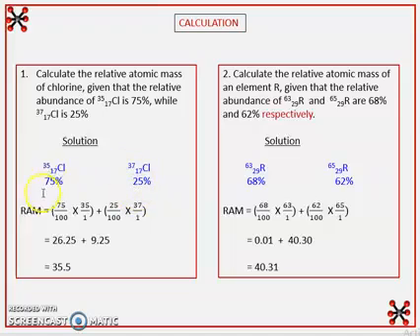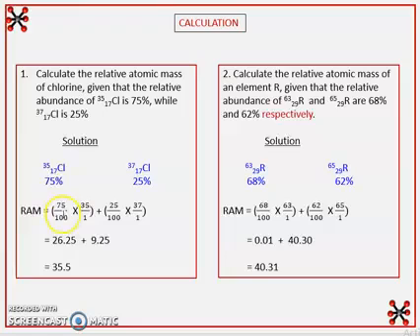Then getting the average mass, which is the relative atomic mass, in relation to the abundance is 75% of chlorine 35 plus 25% of chlorine 37. That's all. What is 75%?